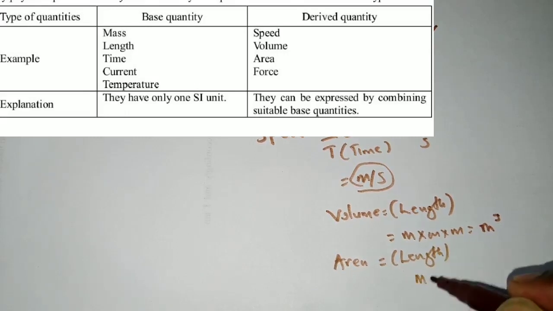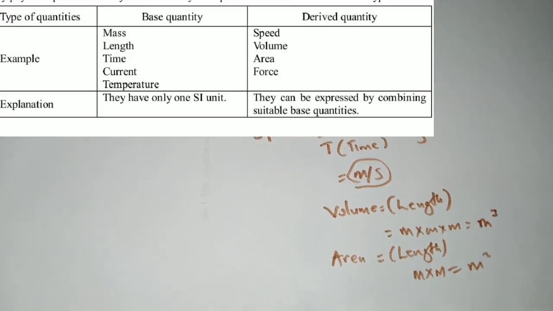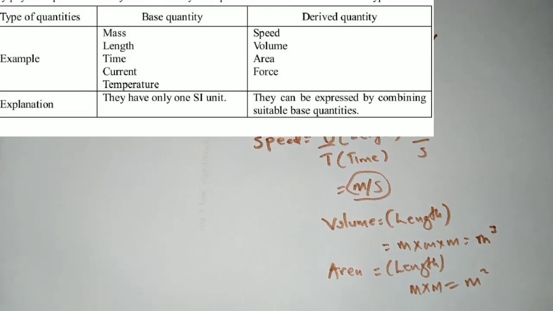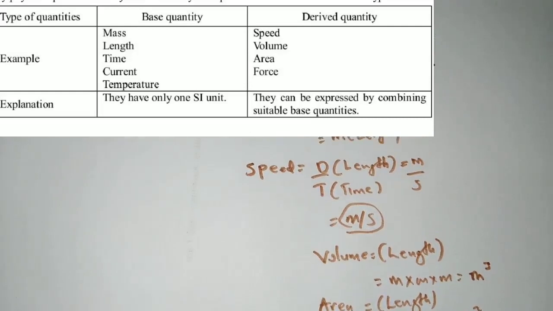Multiplying length two times, we get meter squared. Area and force, all those are simply derived quantities, a combination of two or more quantities.